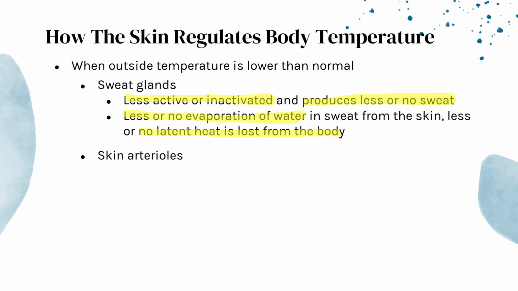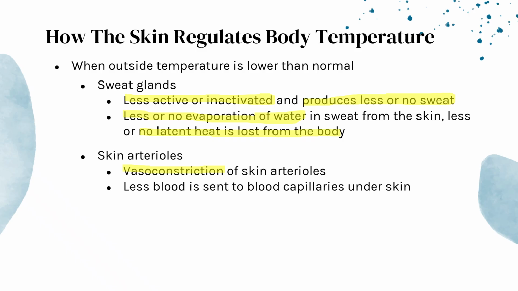On the other hand, the skin arterioles will go through the opposite. The opposite of vasodilation is known as vasoconstriction. It means the diameter of the skin arterioles decreases, and so very little blood can pass through. There will be very little blood sent to the skin capillaries, the blood capillaries under the skin.